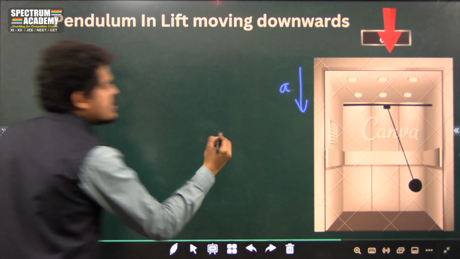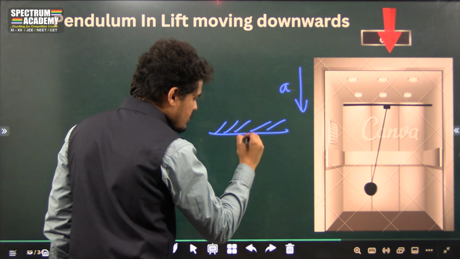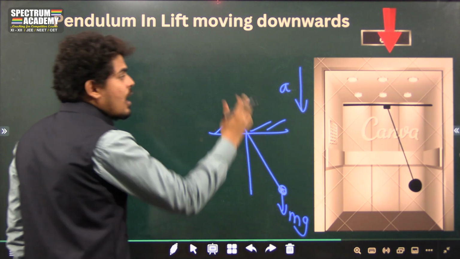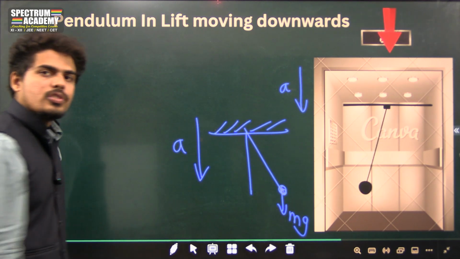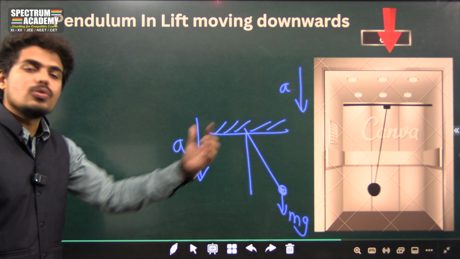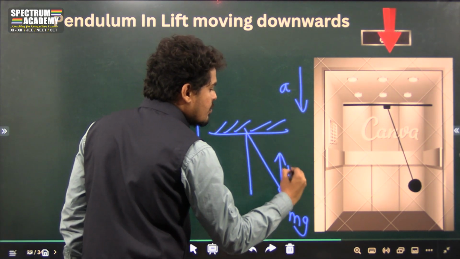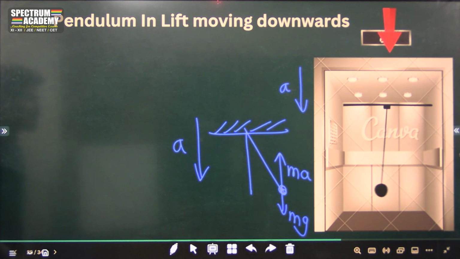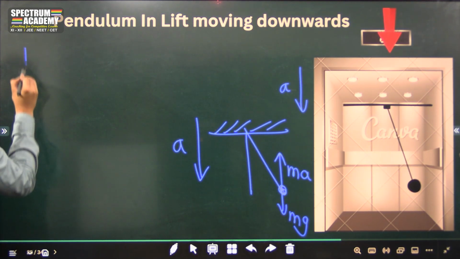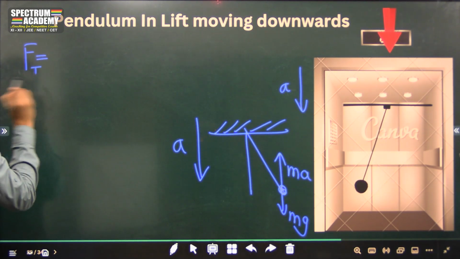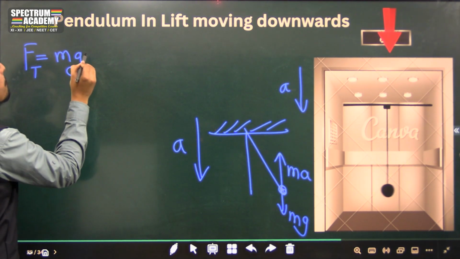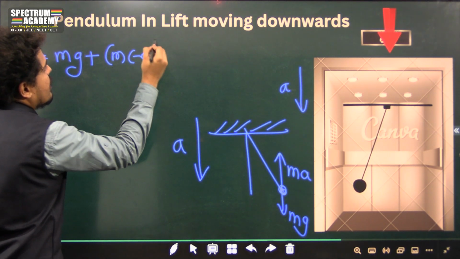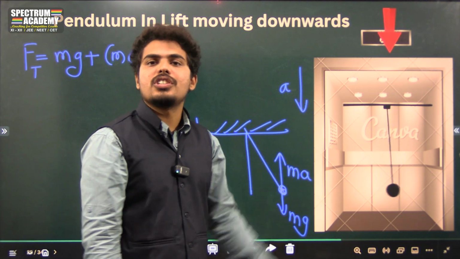So अब फिर से इस बॉब पर एक फोर्स लग रहा है नीचे mg. The second force, अब लिफ्ट नीचे की ओर जा रही है, रियल फोर्स a. सो बॉब एक्सपीरियंस करेगा सूडो फोर्स विथ अपवर्ड डायरेक्शन m into a, राइट? So m into a. सो यहां पर टोटल फोर्स हम लिख सकते हैं F total equals mg plus m into minus a, क्योंकि एक्सेलरेशन अब अपोजिट डायरेक्शन में है.